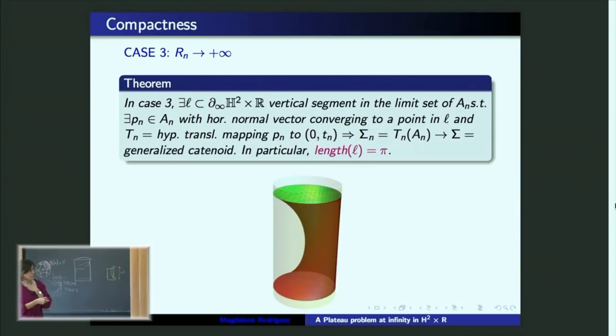Okay, and what is happening here is exactly the same. So if the cylinders have to be bigger and bigger, what we are saying is that there are points whose normal is horizontal accumulating to infinity. These are the points Pn. If you translate to have these points over the origin, what is forming there at infinity is this generalized catenoid. Okay, so it's exactly the same as for the family of catenoids.